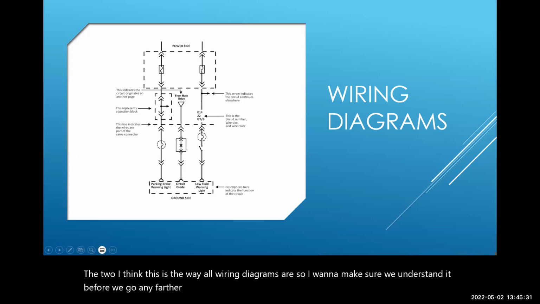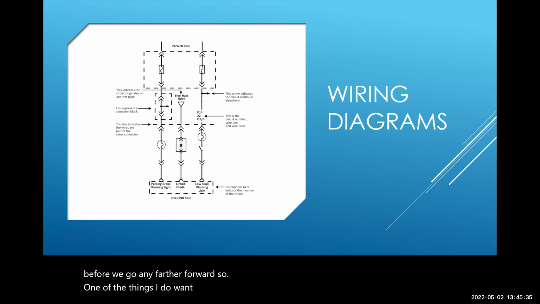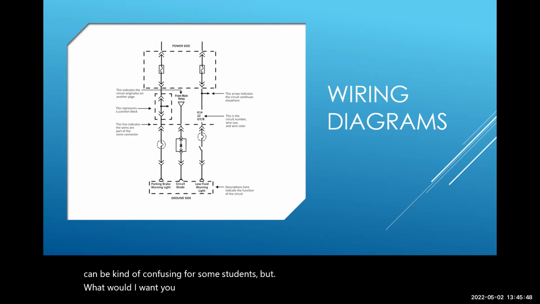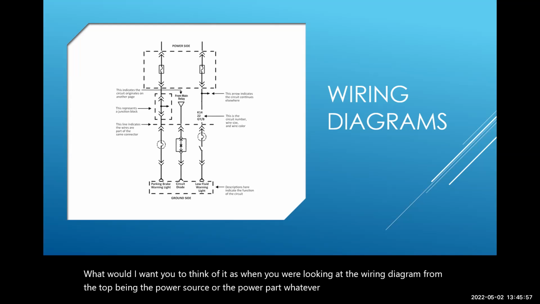One of the things I want to get into is some of the symbols. The symbols are what can be confusing for some students. But what I want you to think of, when you're looking at the wiring diagram, is the top being the power source, whatever power is coming in, and then it migrates down to the ground source.